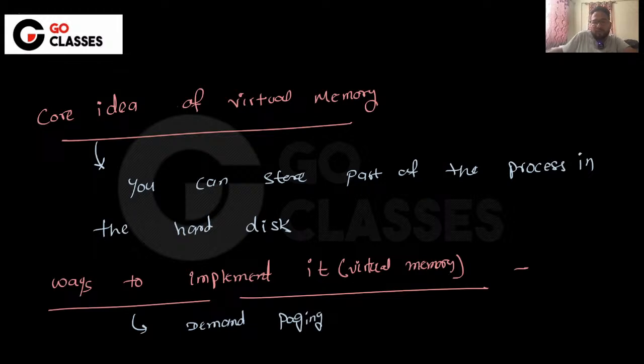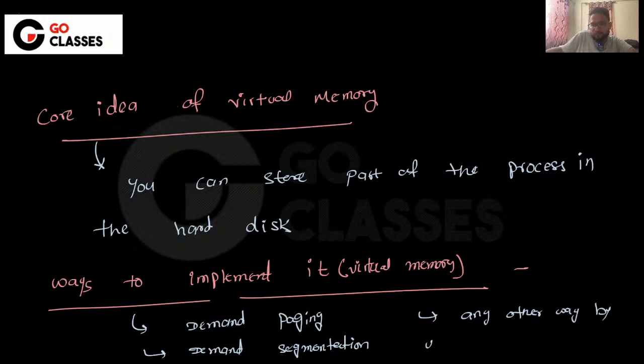You can use maybe demand segmentation, right? Or maybe whatever you think, any other way by which you can store the process in the hard disk. Anything, right? By which you can store the process in the hard disk.